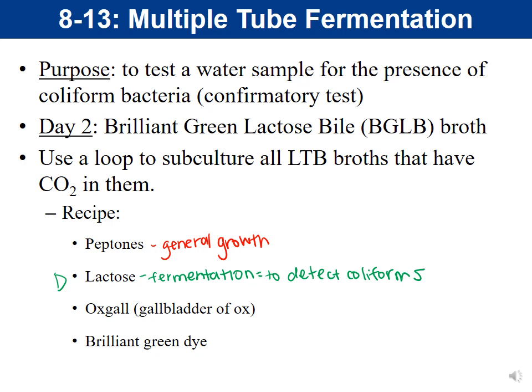Next, we have oxgal. Oxgal is referring to the gallbladder of an ox. So if you know anything about the gallbladder, it is going to be the source of bile. So let me start by explaining that part.